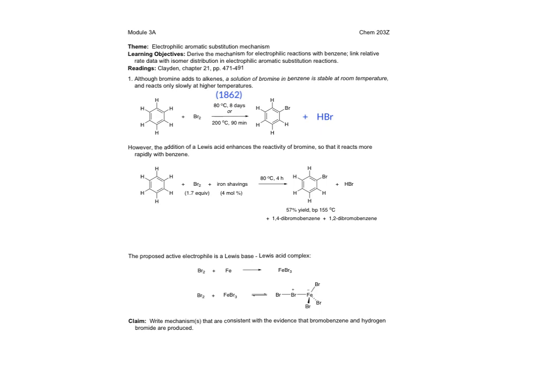If you don't want to wait for 8 days, you can mix bromine and benzene in a sealed tube and heat it up to 200 degrees, and in an hour and a half, an 83% yield of bromobenzene is produced based on the amount of bromine consumed.